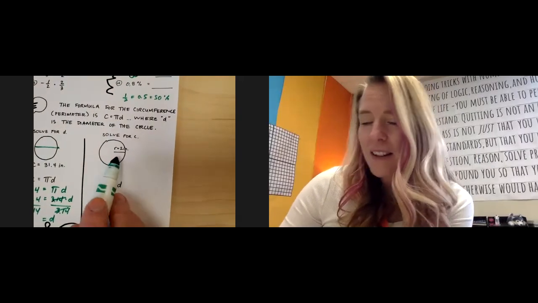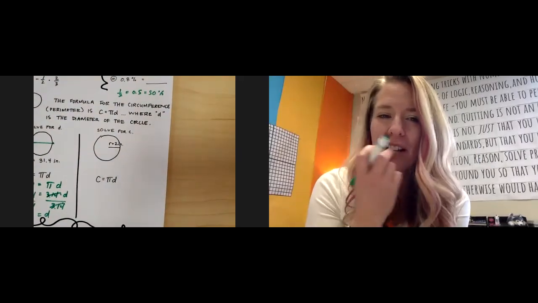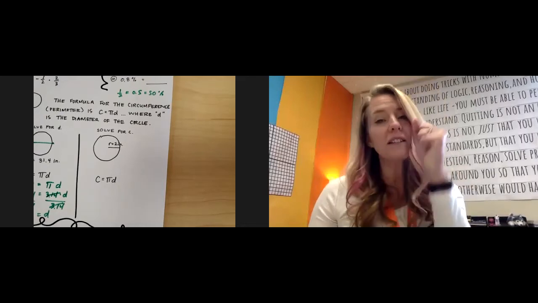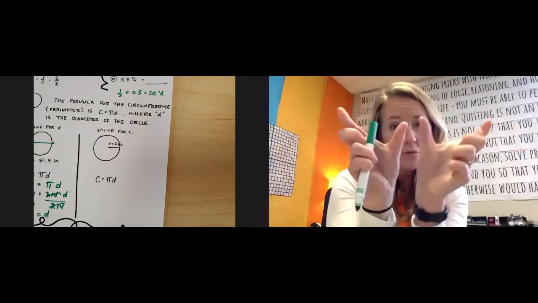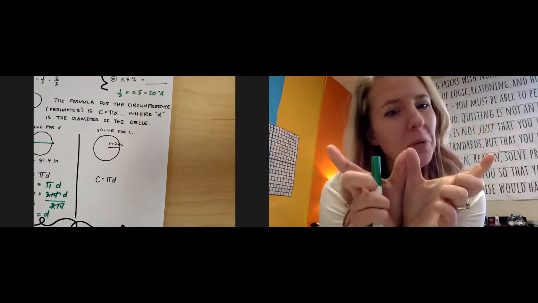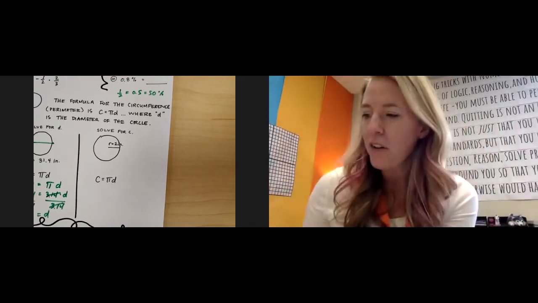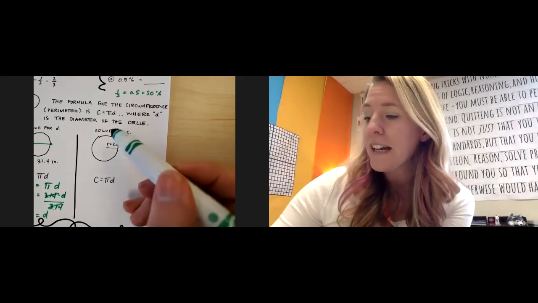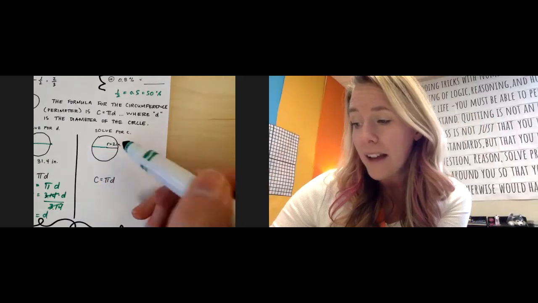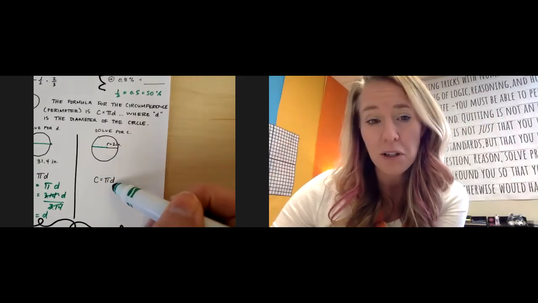Last but not least, I'm throwing you a tricky one here. The radius is 2. The radius is the distance from the center of the circle out to the edge. So if you put 2 of those perfectly next to each other, guess what? The diameter. Okay, so if your radius is 2 inches, your diameter must be twice that. It's 2 times 2. That's going to be your diameter.